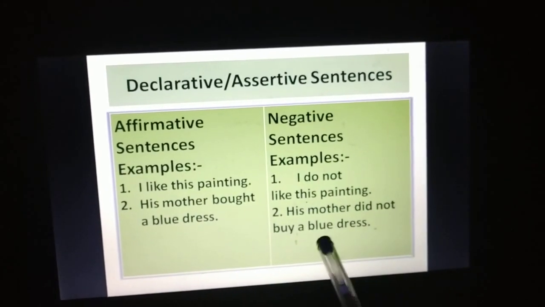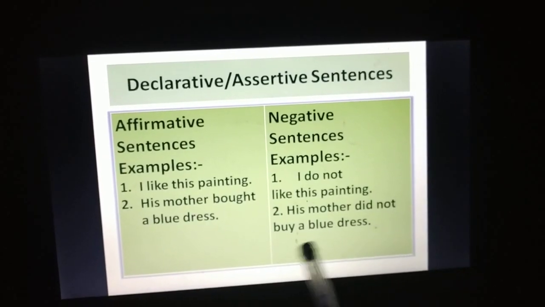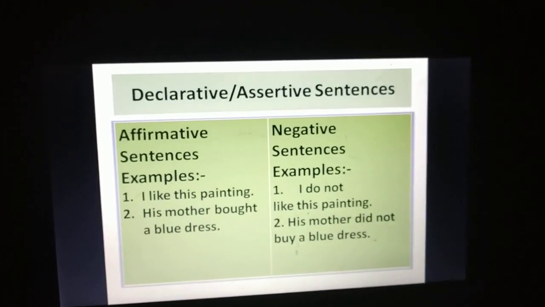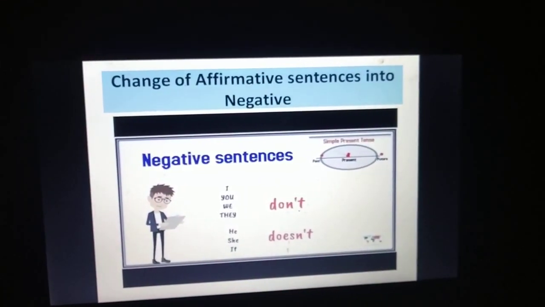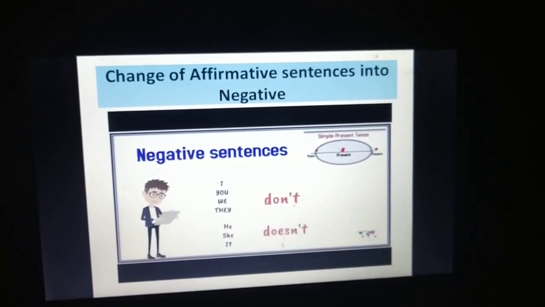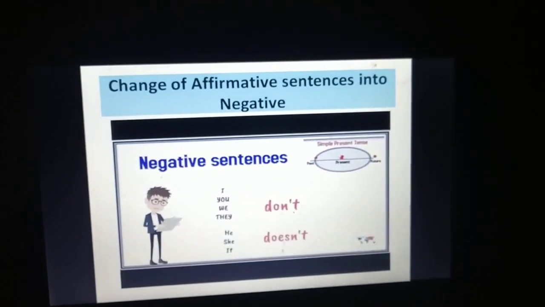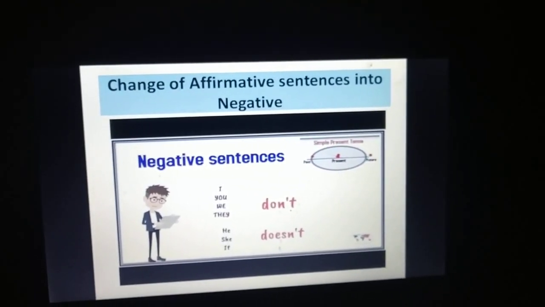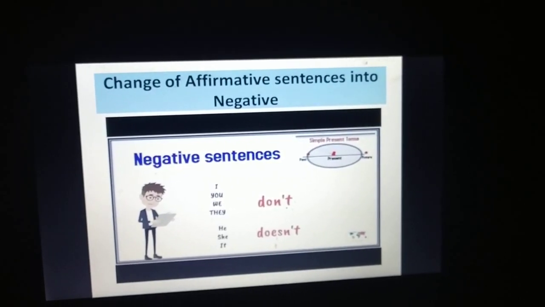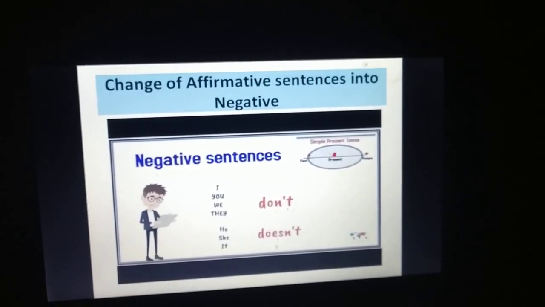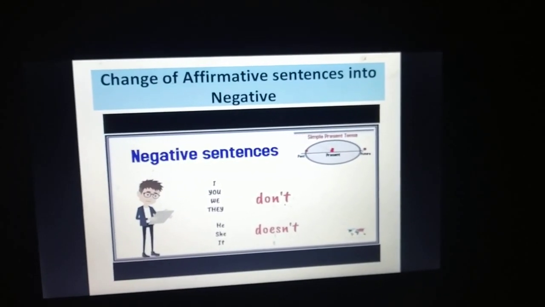His mother did not buy a blue dress. Now, in this lecture, our main motive is to study change of affirmative sentences into negative.